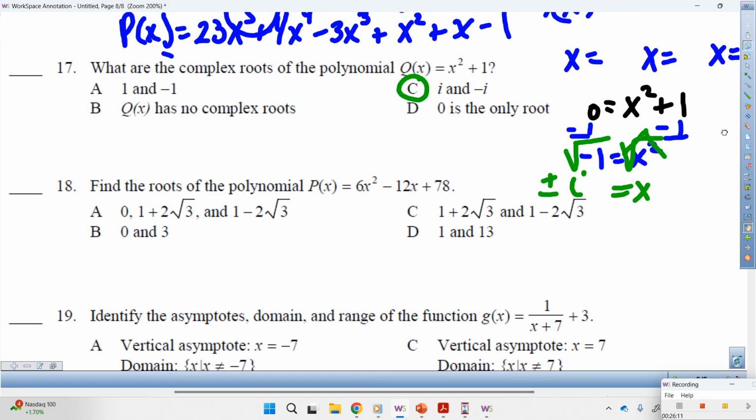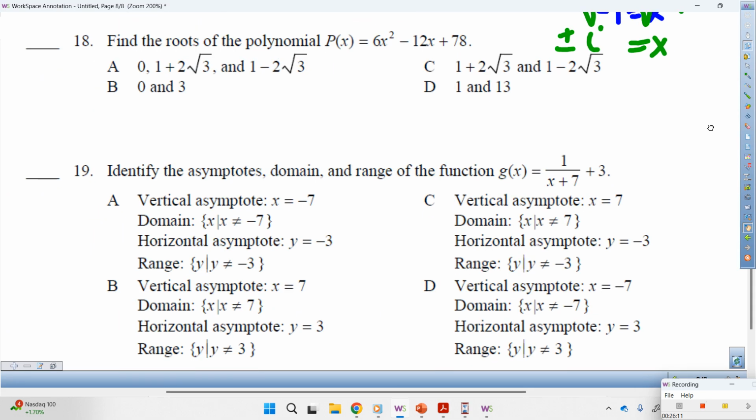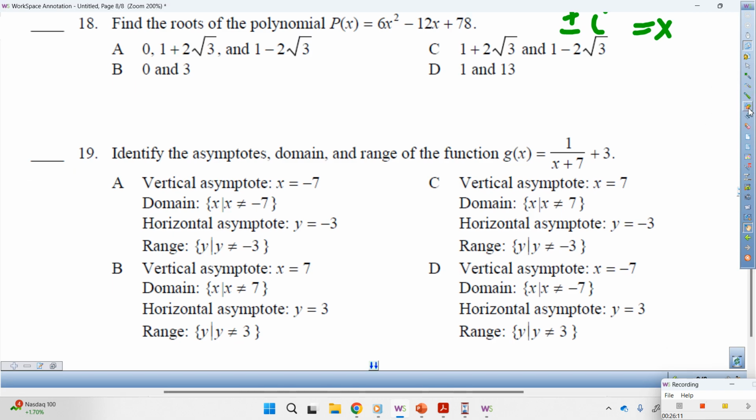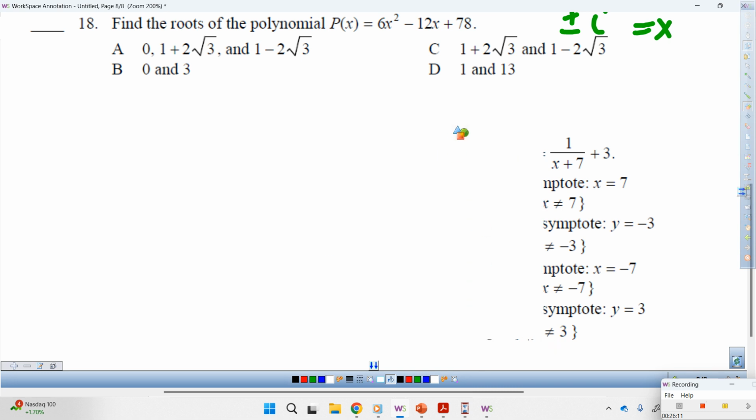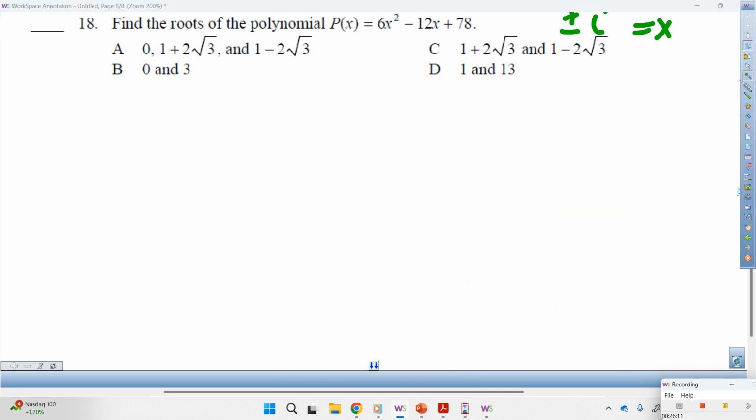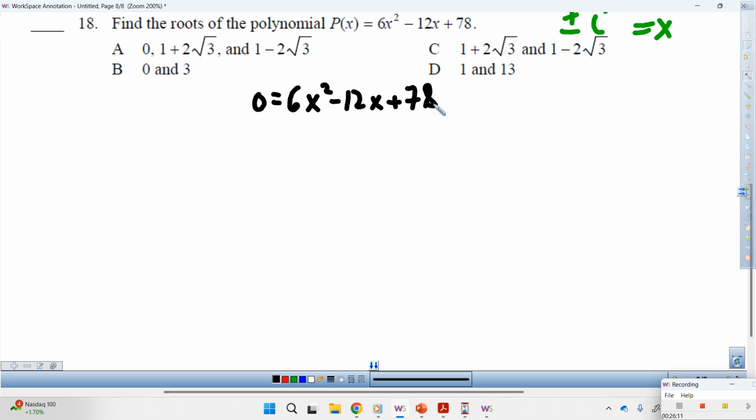All right, let's go to number 18. Let me make some space for that one. It says, find the roots of the polynomial. First things first, set it equal to 0. 0 equals 6x squared minus 12x plus 78. Let's check for GCF.